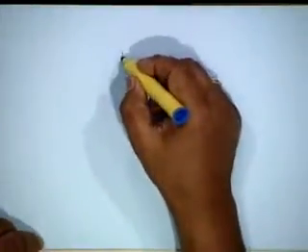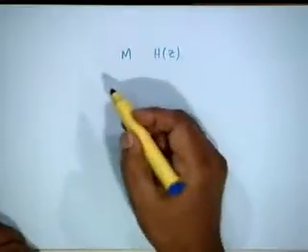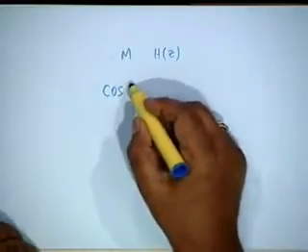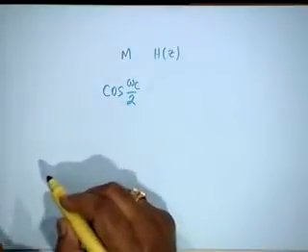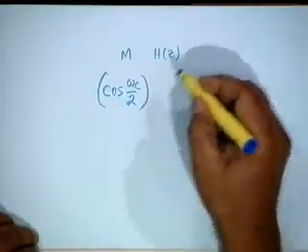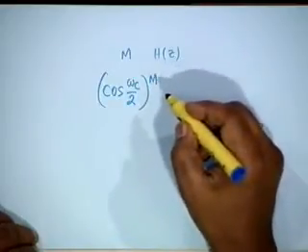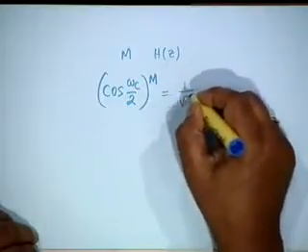For example, if m number of such H(z)s are cascaded, where would be the omega c? What would be the cutoff frequency? This to the power m, agreed? That is the magnitude of one of them. So, to the power m should be equal to 1 over root 2.